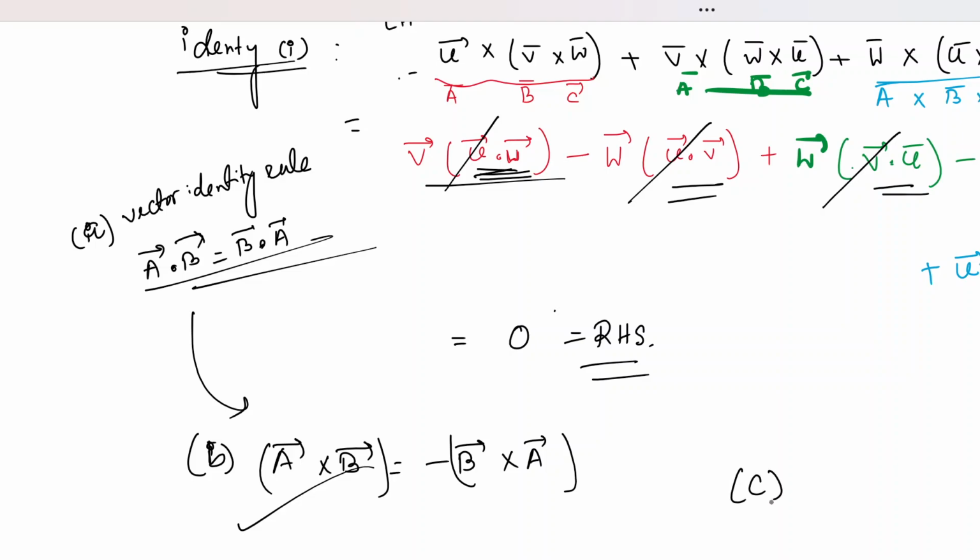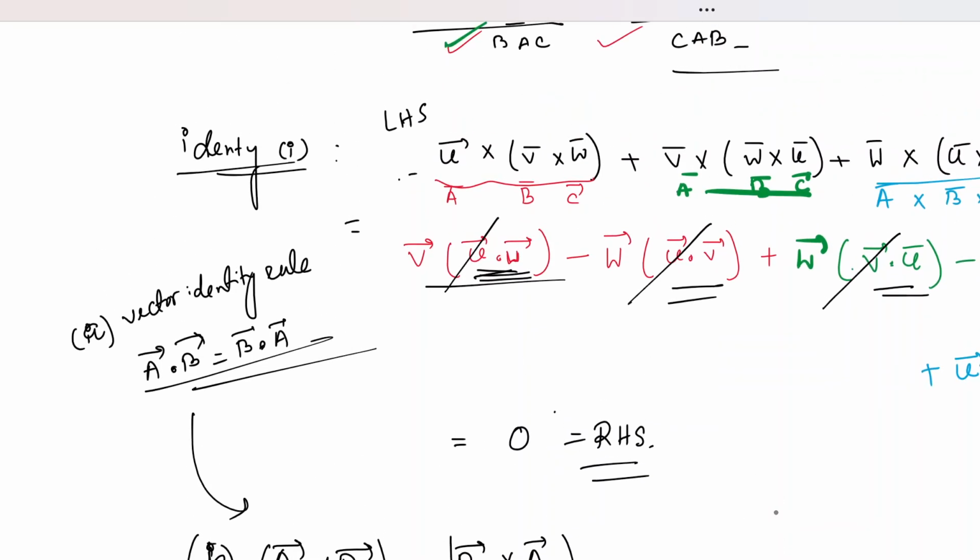And the third one, there are other things as well, but because this question mentioned this triple product rule, this is another identity: whenever you have this kind of cyclic order maintained in triple products, their sum will be 0. Like I said, A cross B cross C plus B cross C cross A plus C cross A cross B will always be equal to 0.